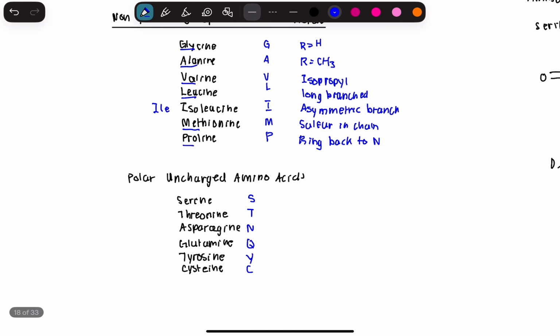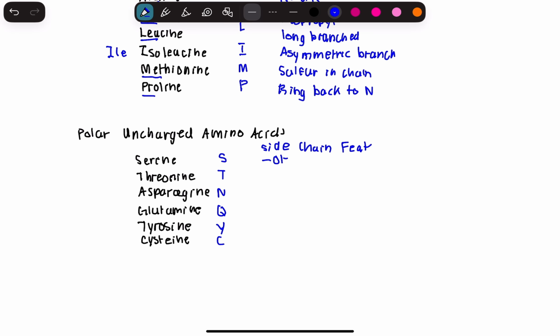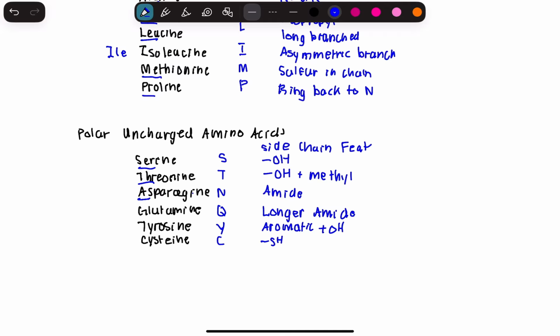And so the variation is threonine, asparagine, and we have glutamine, and then here we have tyrosine, and then here you have cysteine.